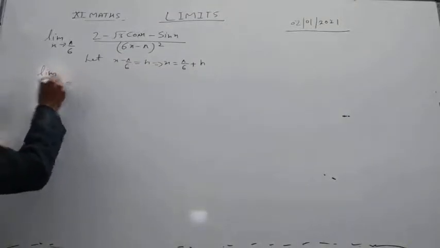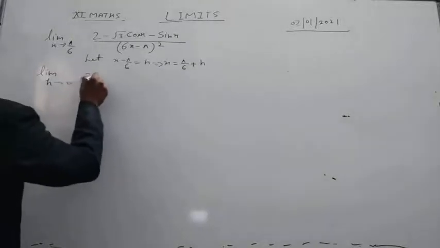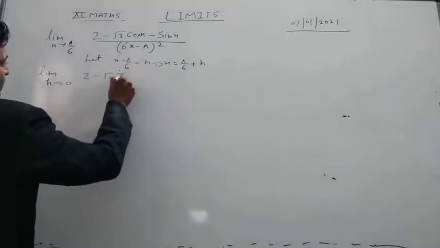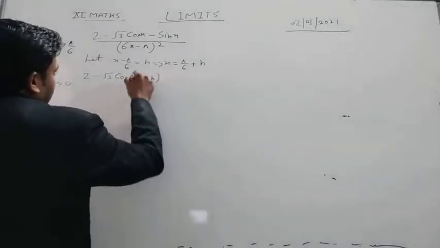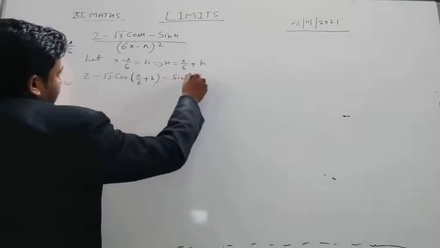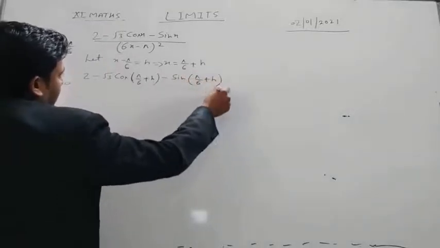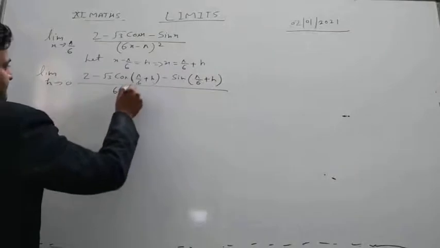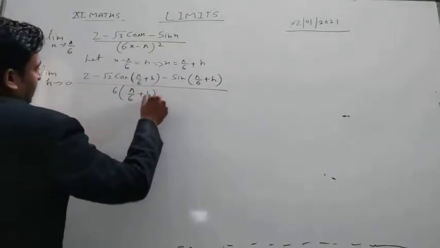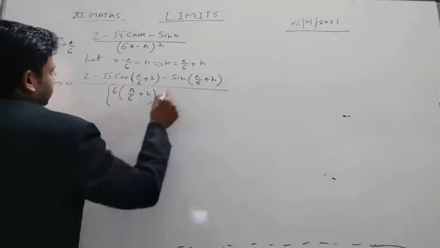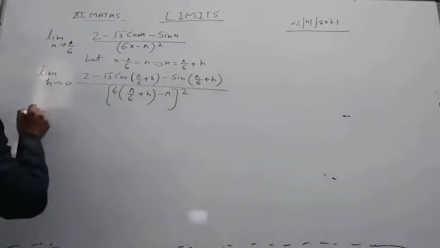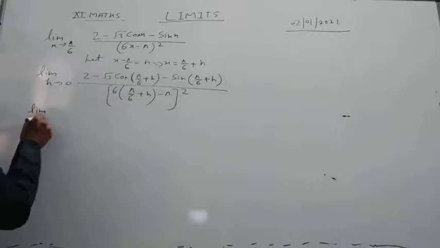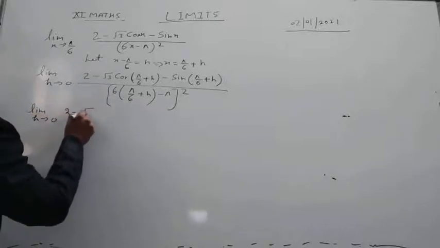We write limit h tends to 0 of 2 minus root 3 cos(pi by 6 plus h) minus sin(pi by 6 plus h) by (6(pi by 6 plus h) minus pi) whole square.